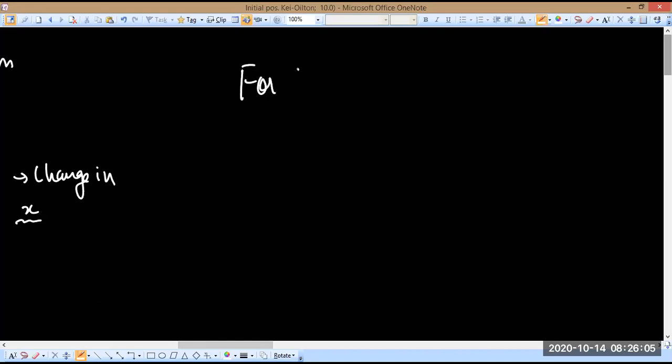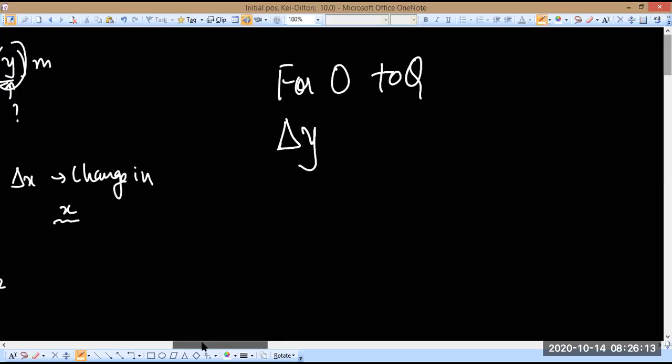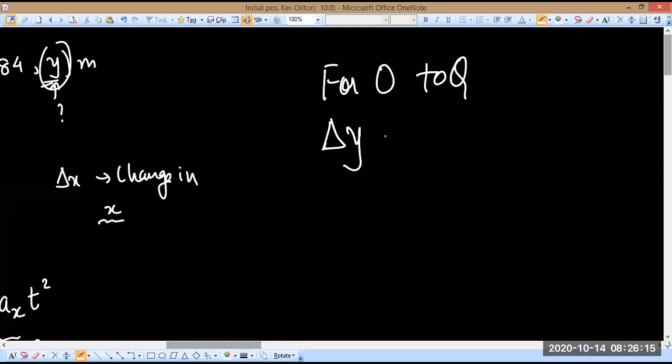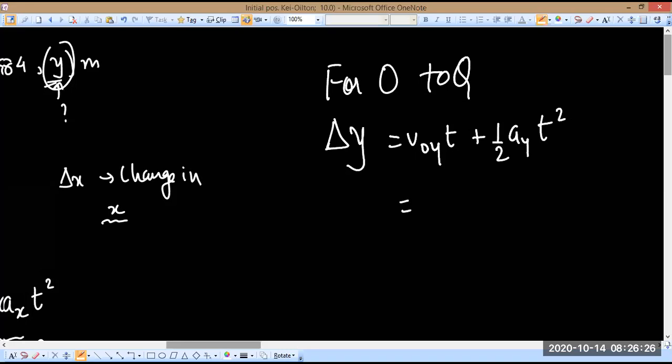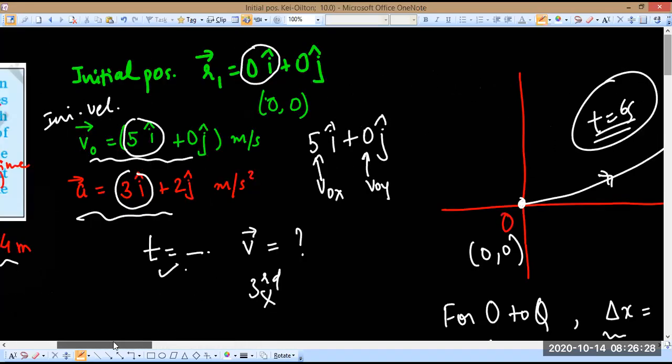So for O to Q once again. But this time we want to find y. So we have to use delta y. So delta y is equal to V0y t plus half ay t square. Okay, let's put values. What is V0y? Go back to the question, V0y.